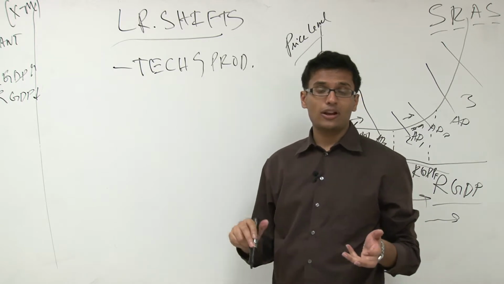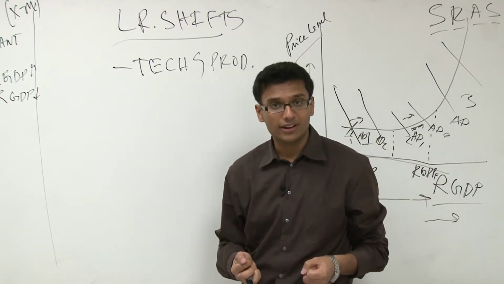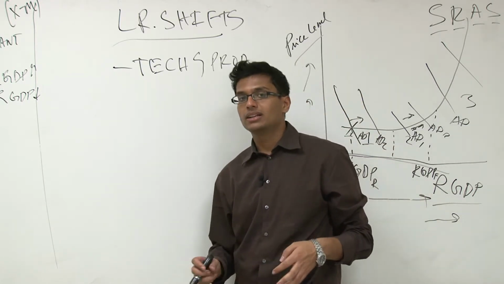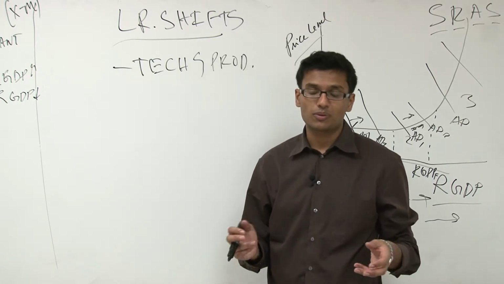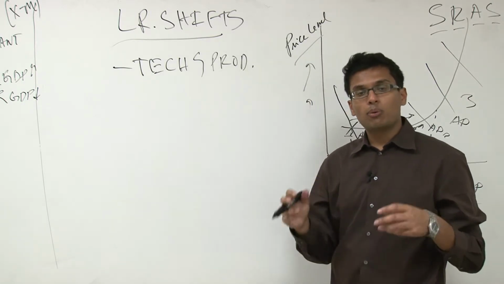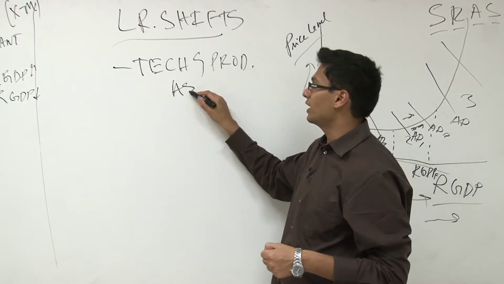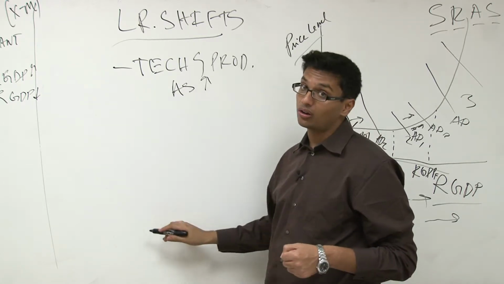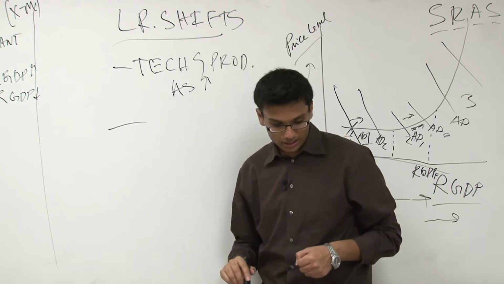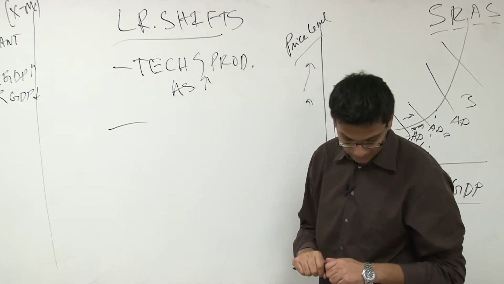If I have the same amount of money and I make twice as much, I get to sell twice as many cars, provided there's a demand, obviously. But the point is that I get to make cars cheaper, and that's going to help me, and my AS is going to shift right. And this is in the long run, so my long run aggregate supply is going to shift.